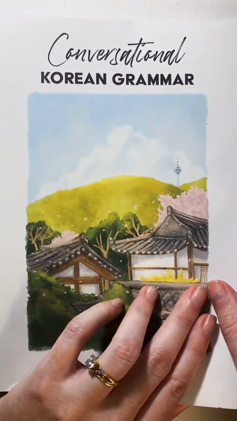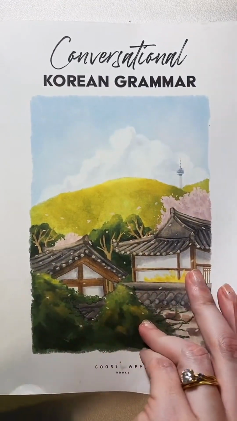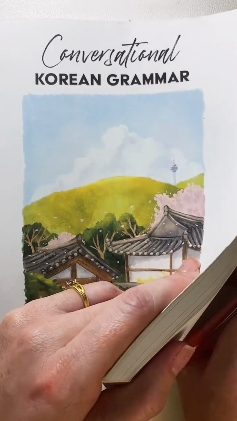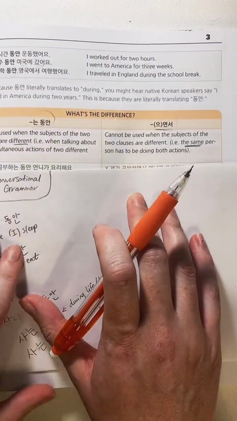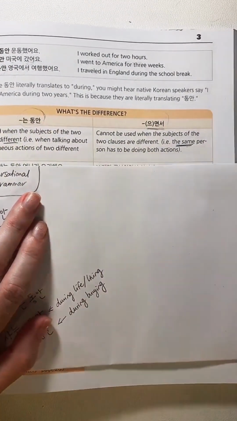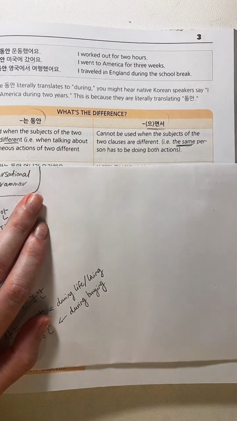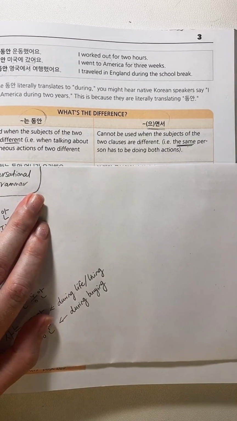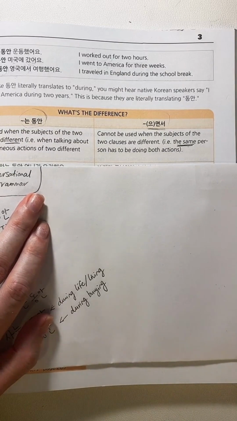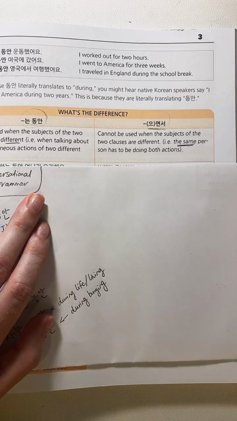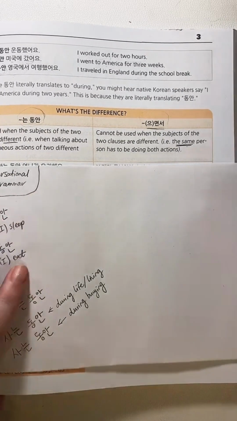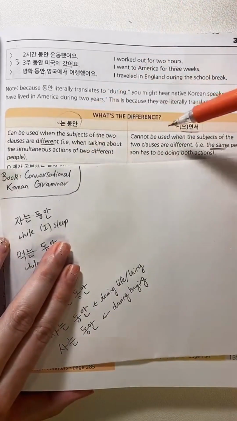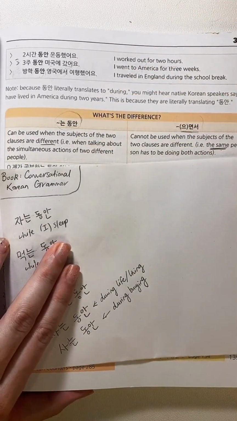This is the book, Conversational Korean Grammar. So if your subjects in your sentences are the same, if it's like, I do X while also doing Y, if I dream while I sleep, if I study while I listen to music, things like that, you can use either of these, and it's fine. Both of them are fine.